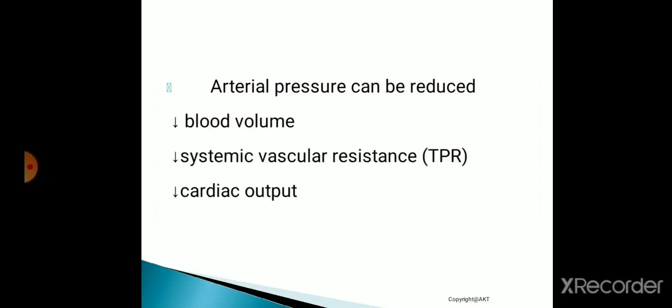So how to reduce the blood volume? We can reduce the blood volume by using diuretics. Diuretics will increase the urine output, which finally leads to a decrease in the blood volume. And indirectly we can also use drugs acting on the RAA system, that is the renin, angiotensin, aldosterone system. That can also reduce the blood volume by increasing the urine output.